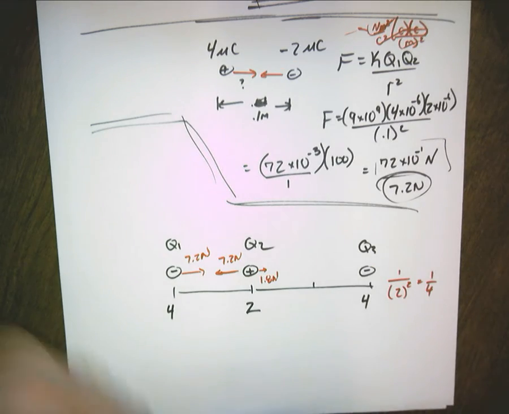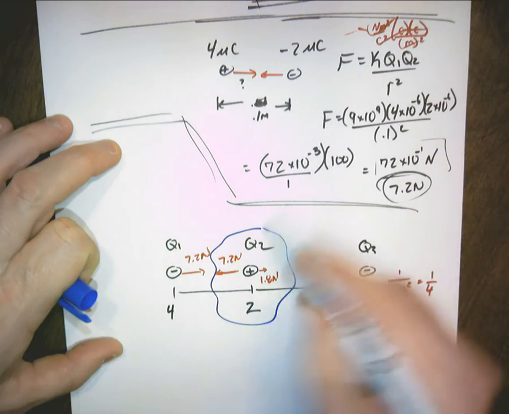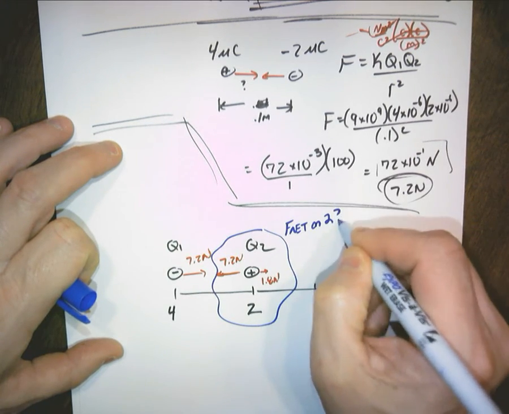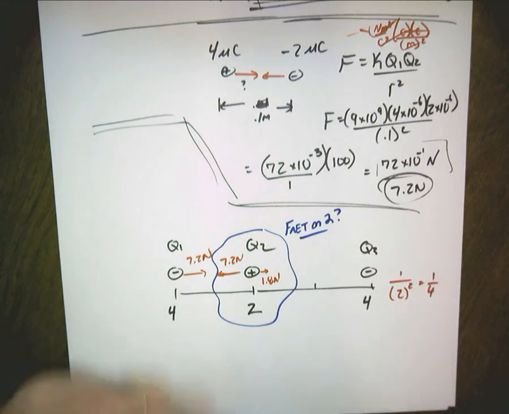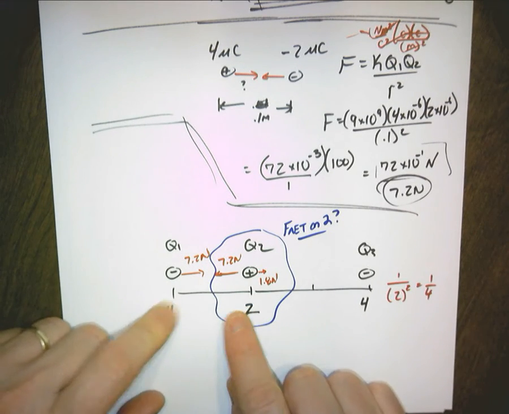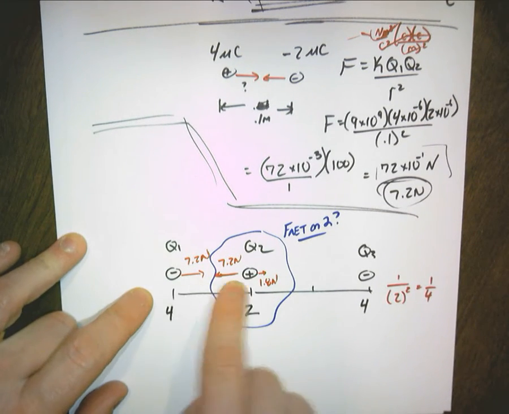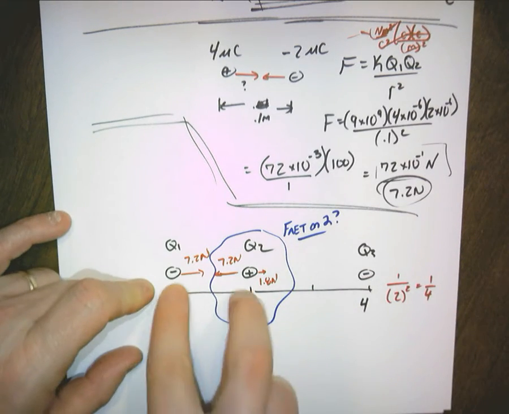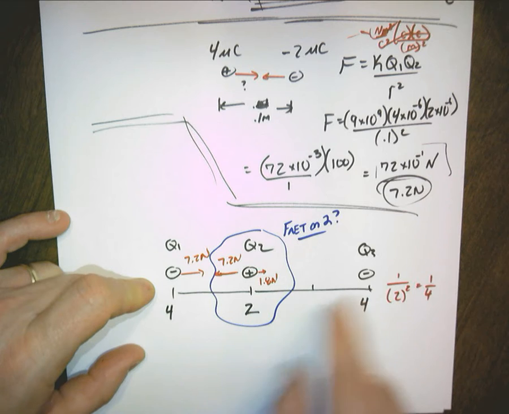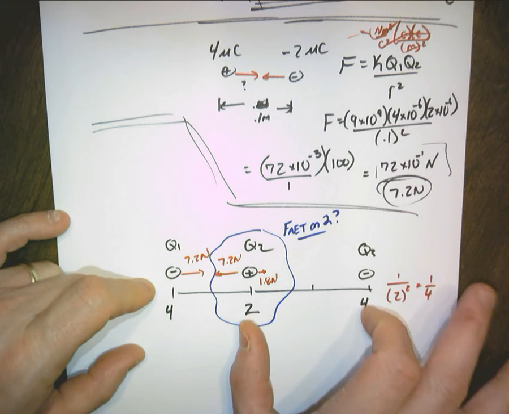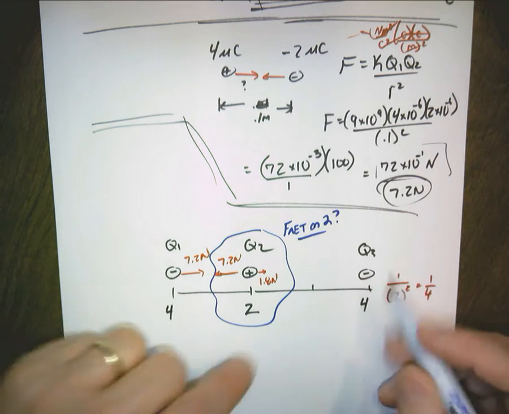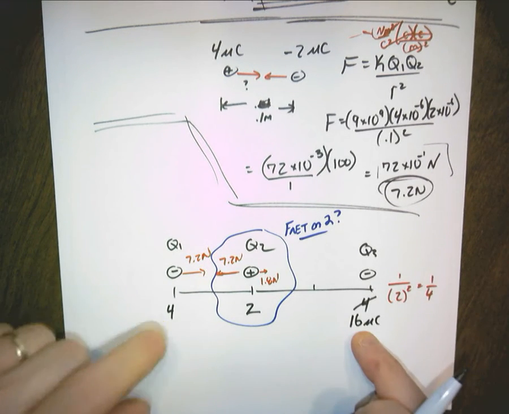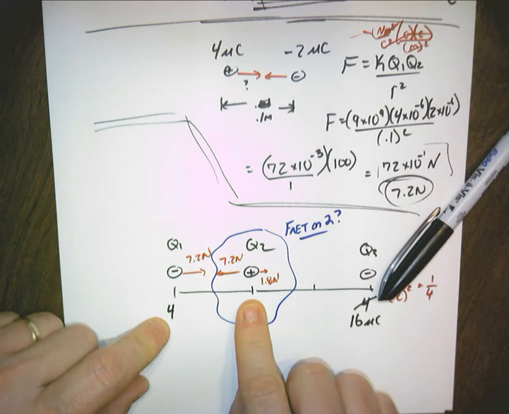So sometimes you get the question, what is the net force acting on 2? And you would say, doggone it, they're going to make me do like math here, Q1 tugging on 2 and Q3 tugging on 2 and do all that stuff. No, be smart. Do it once and then understand that it's the same charge, twice the distance. Okay? If it were 4 times the charge, so 16 microcoulombs as opposed to 4 microcoulombs, alright?